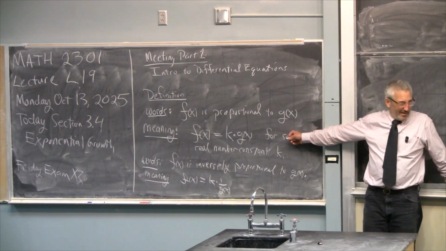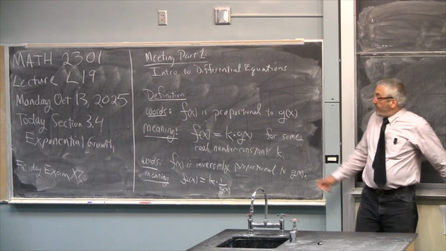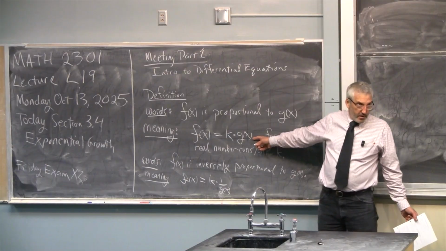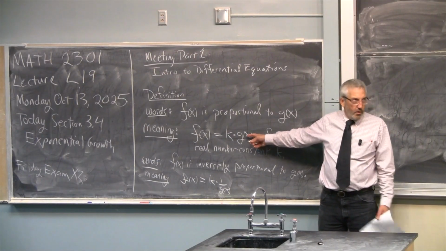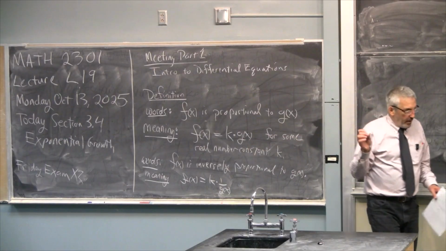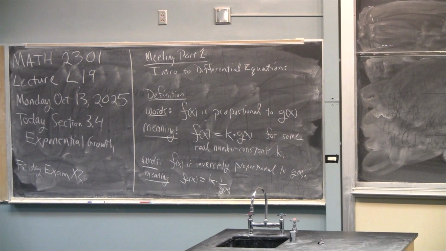It's not this. The thing is, g of x is not being squared here. There's no square root. There's no other thing going on, just f of x and g of x. So from now on in the sciences, realize that when you say that something is proportional to something else, it means exactly that. It doesn't mean anything else.